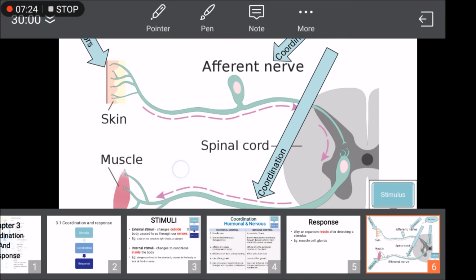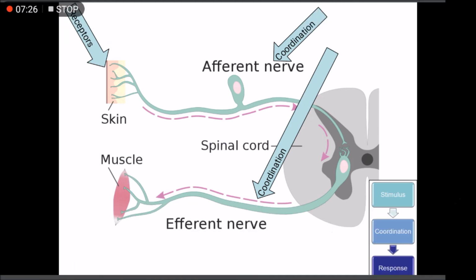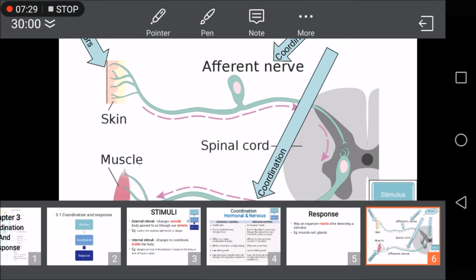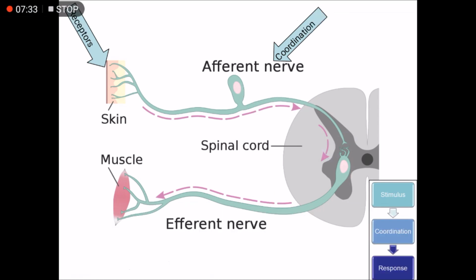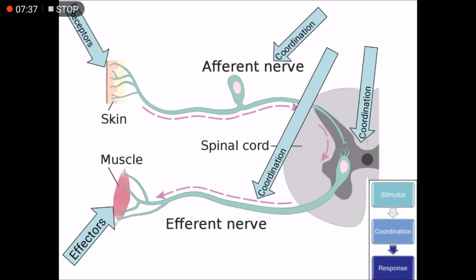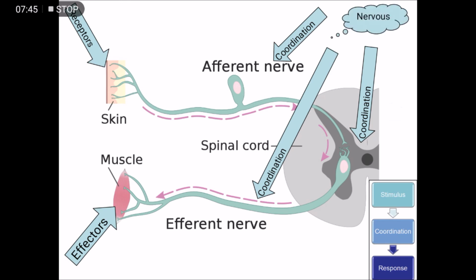The response is by the muscle, which we call the effector, which is our muscle. So you see here we have stimulus, after that coordination, now we have the response. We have touched on all this pathway for the coordination. All this coordination is from the nerve, so we are looking at the nerve now.